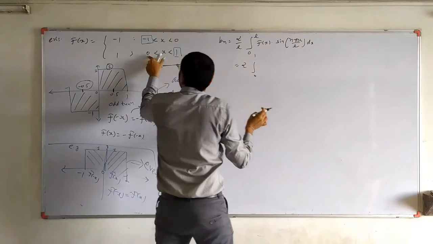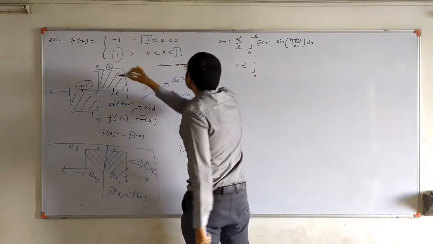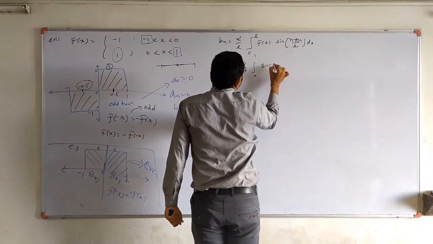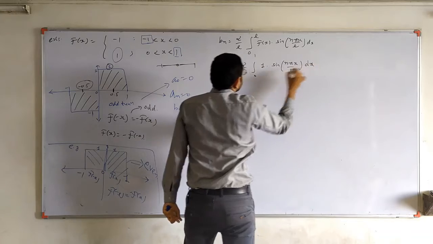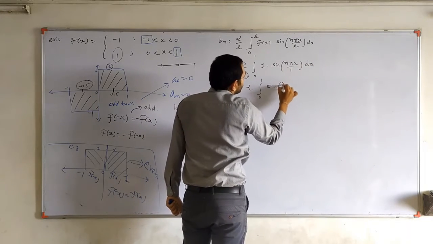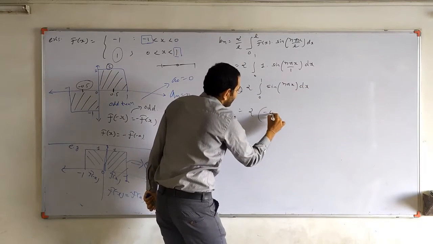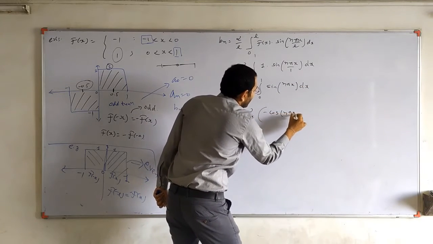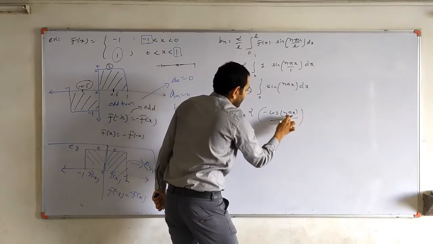At this particular interval we have the value of function that is 1, then 1 into sin n pi x by 1. Then the integral of sin n pi x is minus cos n pi x by n pi.